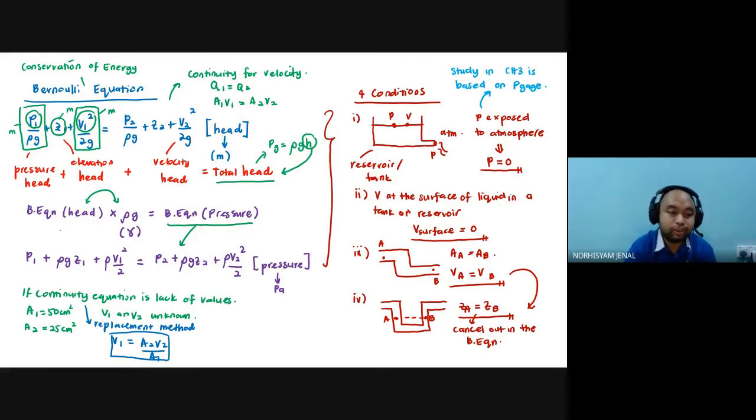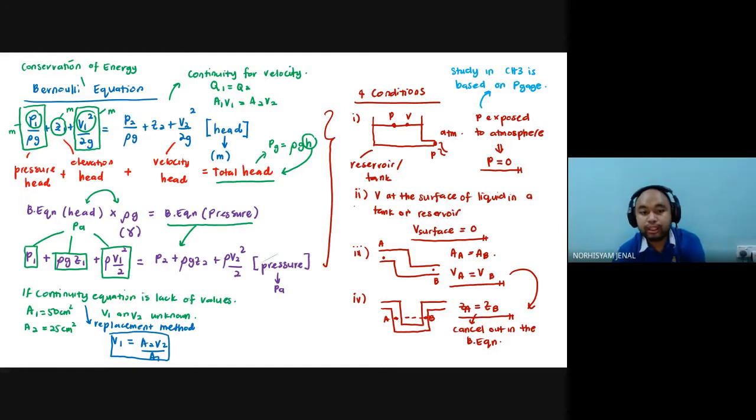And right now, for each one of these, the pressure that we get is in units of Pascal. So it means that you already get the pressure in terms of Pascal.